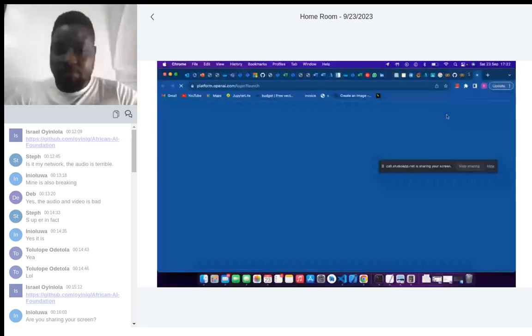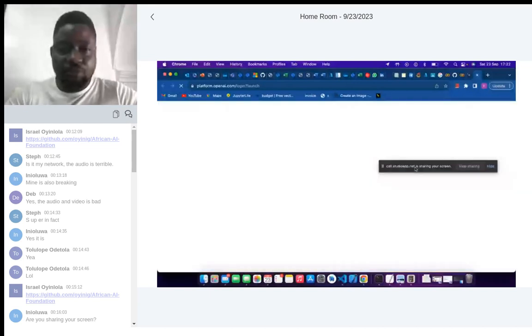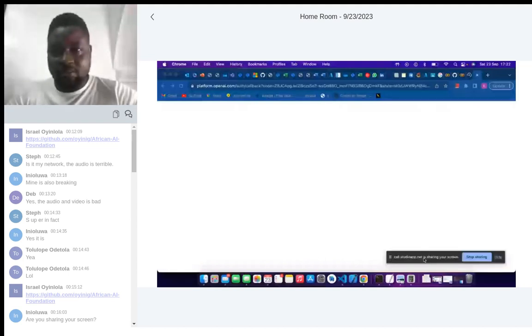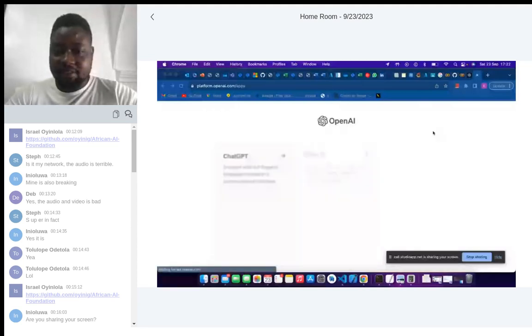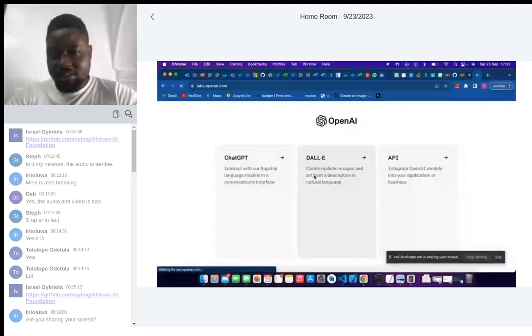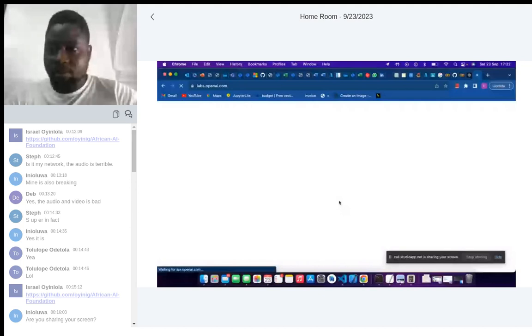If you recall, there was a time we did, I think that should be class 4, where we ran through various types of models on OpenAI. Let's see. This is DALL-E, create realities from a description. So, are you logged in?